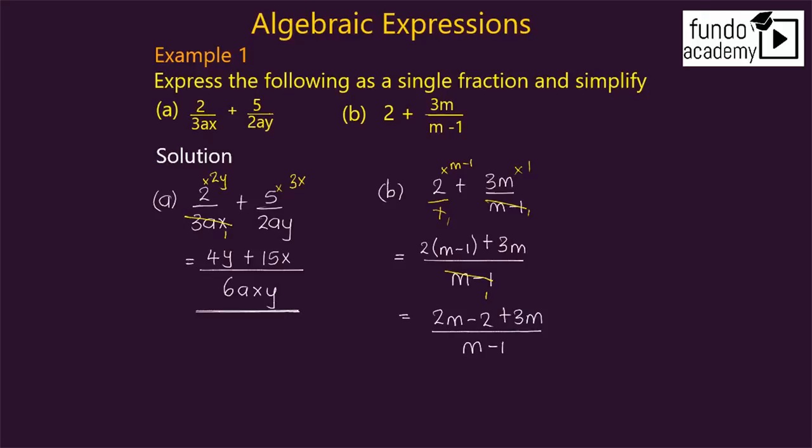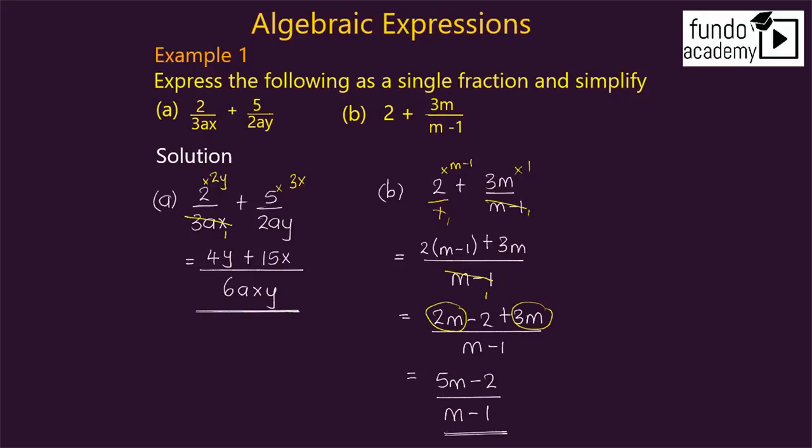Simplifying the numerator, I'll be having 2m plus 3m. That gives me 5m. So I'll be having 5m minus 2, and it's all divided by m minus 1. And this cannot be simplified any further, so that is our solution for part B.